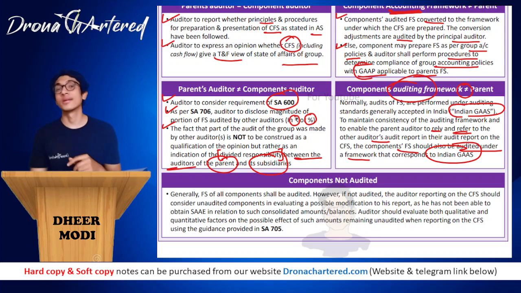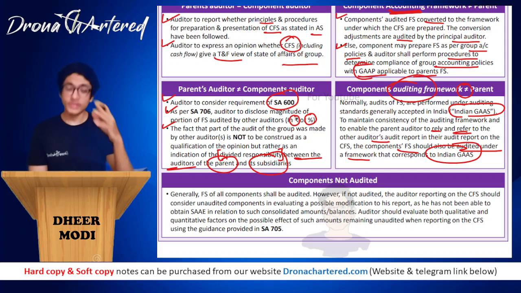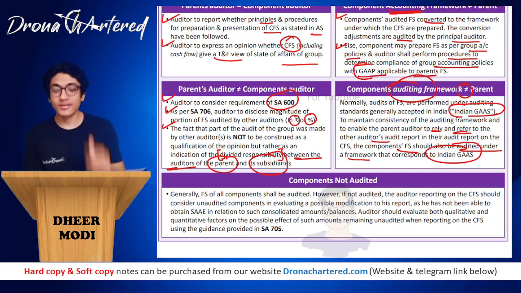And coming to the last part, I know you do not like this chapter, but I hope I made this chapter easier for you. Last part is when components are not audited. That means the component that you are now consolidating, its financial statements were never audited itself. Generally, financial statements of all components shall be audited.